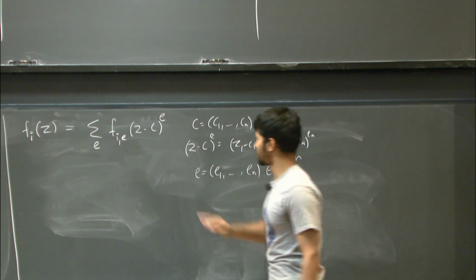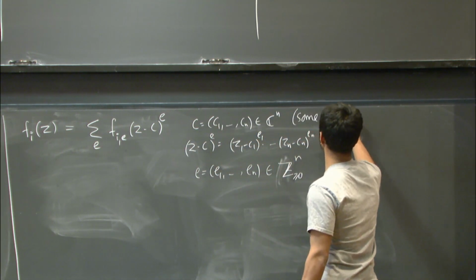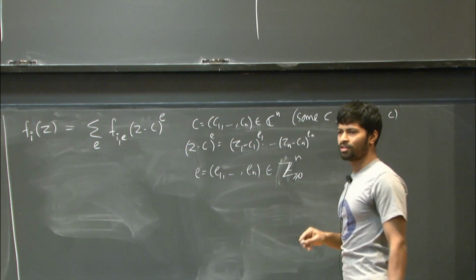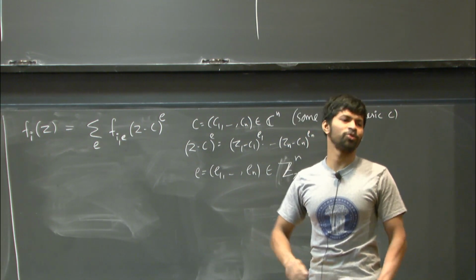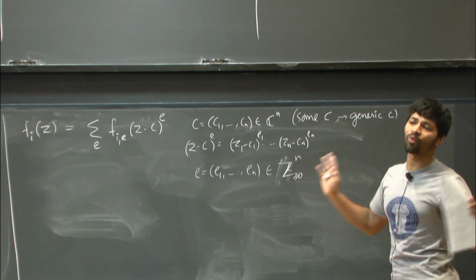So far so good. So I can do this around some c, and a generic c will do. I keep using this word generic. If you don't like it, just think random. As long as you have a finite number of them, you will always be able to take one. So you should think of it not just as random, but random with probability 1.